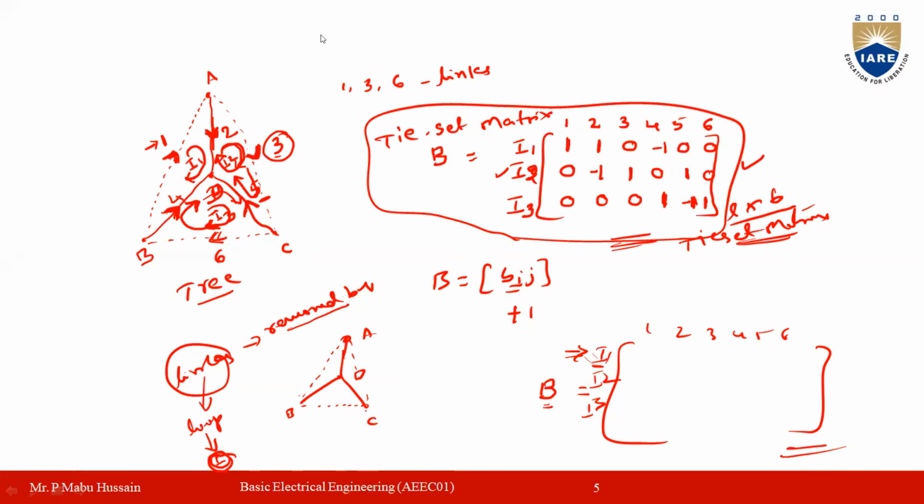Next you need to form the cut set matrix. How can you form the cut set matrix for the same graph? Draw the graph again. Actually this is your graph.